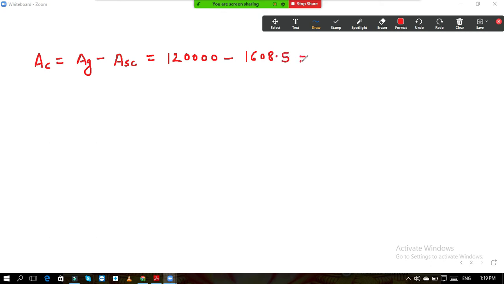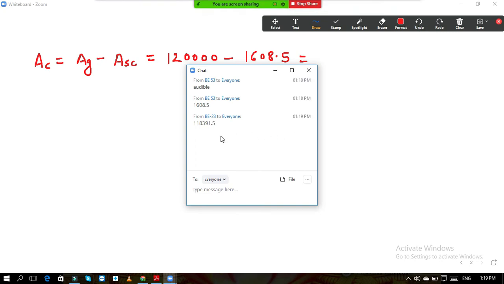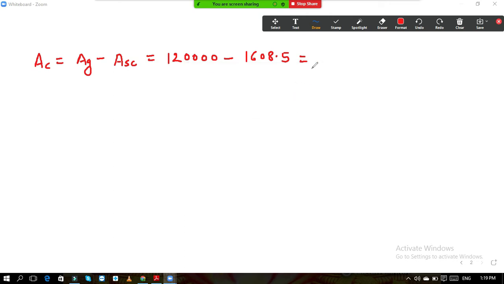Do this calculation and give me the answer. So the answer is 118,391.5 mm square. This is the area of concrete.